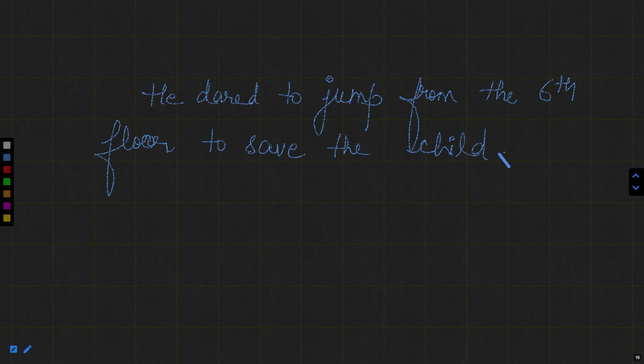He jumped from the sixth floor just to save the child. It means he is very courageous. Just to show that courage, he did so. So this is the action of dare. So this dared is showing the positive sense. We can add to before jump. So if the sense is positive, we can add to before the verb.